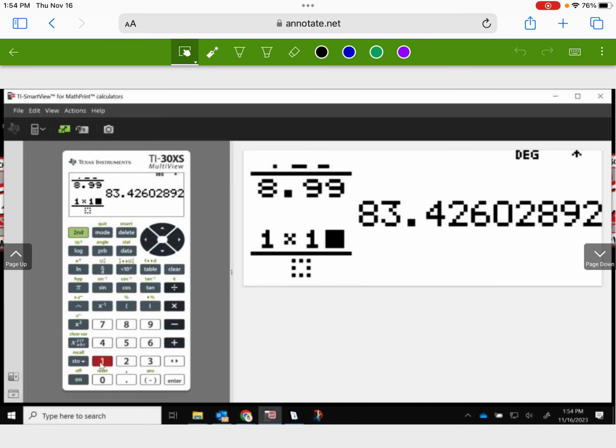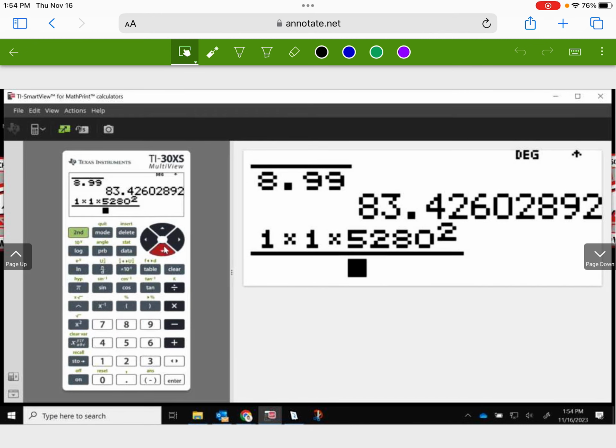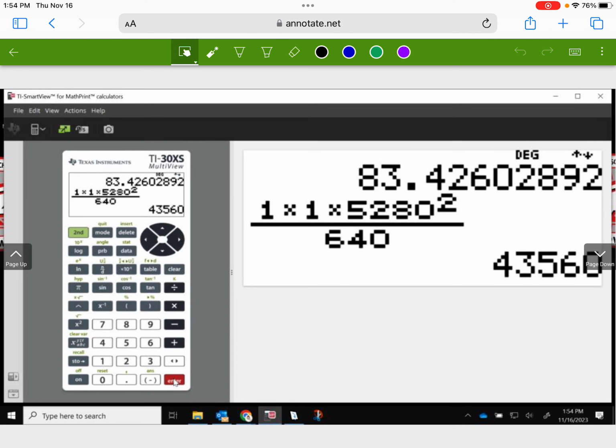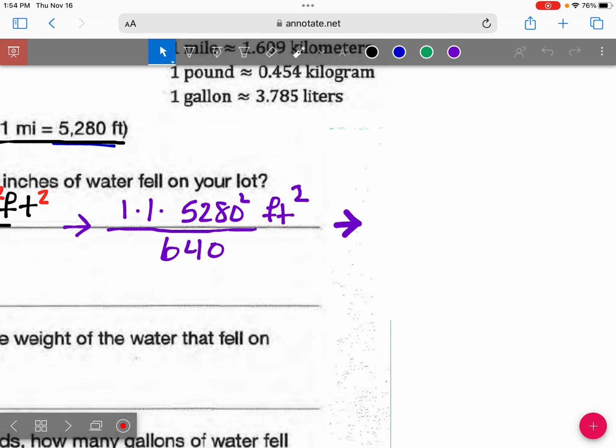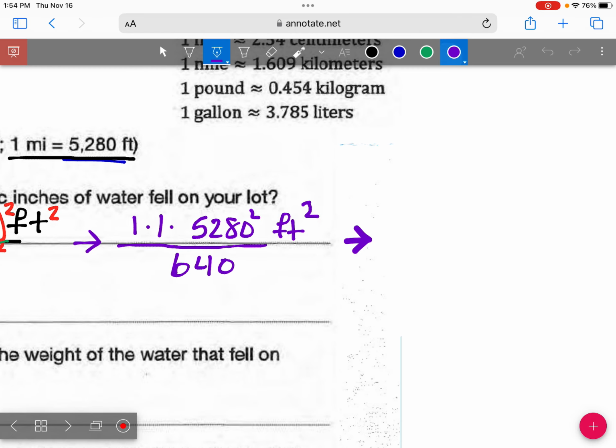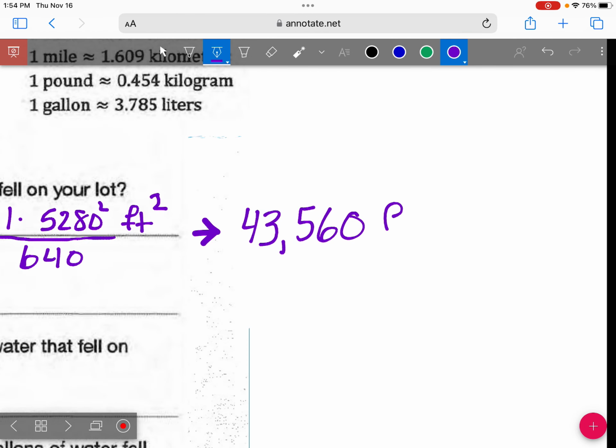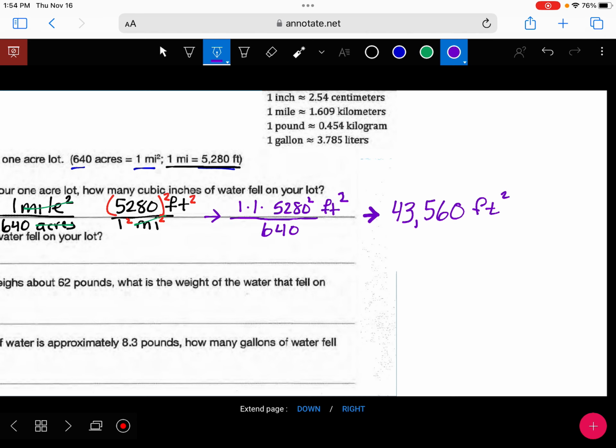And we're going to find out how many square feet we have. 43,560 square feet. Feet squared. So that's the area of our lot.